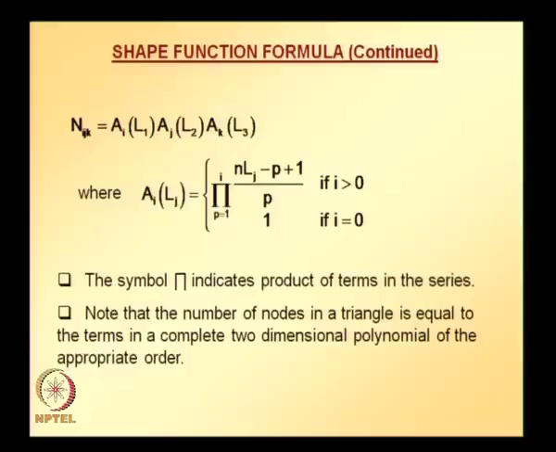And note, the number of nodes in a triangle is equal to the terms in a complete 2 dimensional polynomial of appropriate order. Suppose one is looking for a triangular element of certain order, in the sense we are referring to whether it is linear element or quadratic element or cubic element.